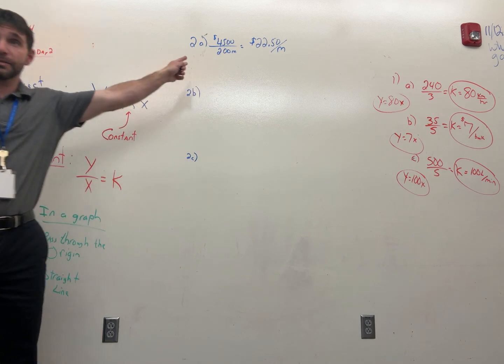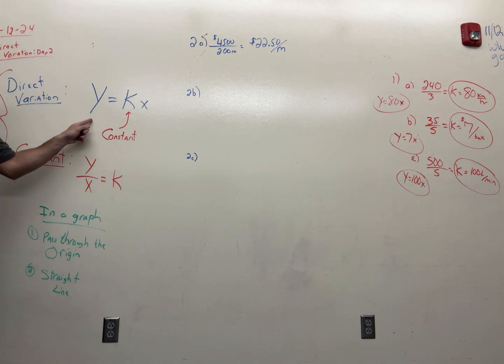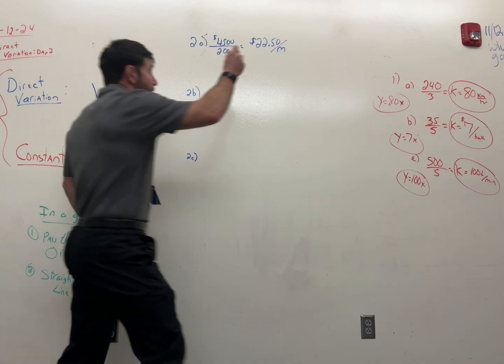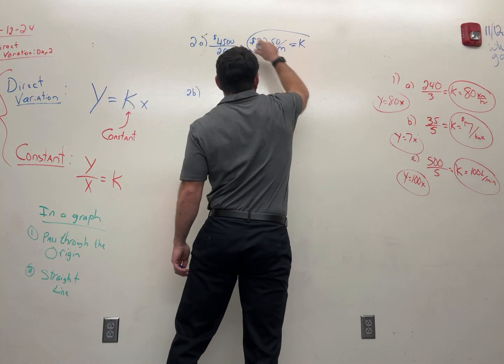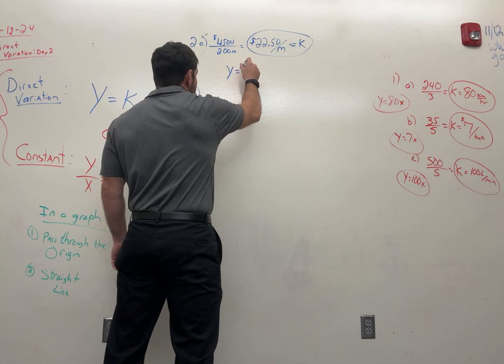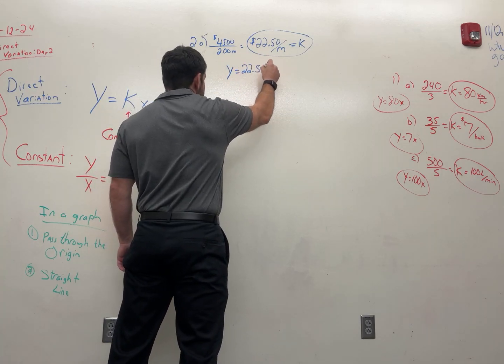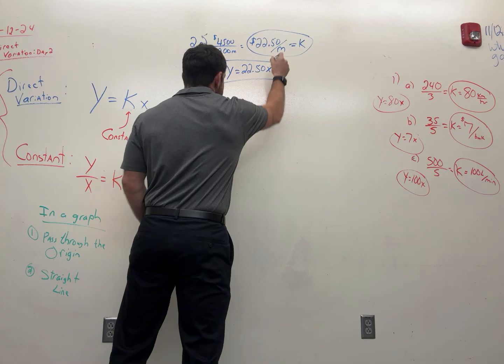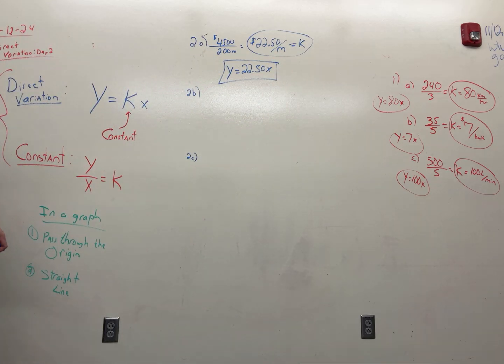This is not my answer, because it asks me to write an equation. That's my k. So now that I have my constant, my equation is y equals 22.50x. Once I have my constant, I just substitute it into the equation.